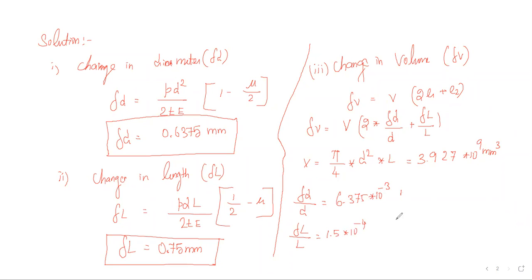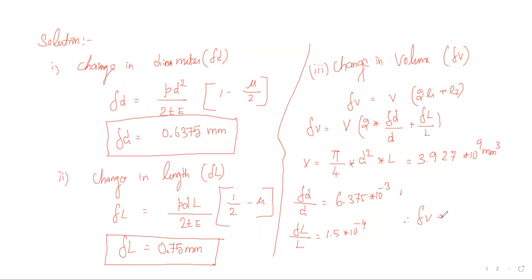No unit. Therefore, change in volume del V is equal to 3.927 into 10 to the power 9 multiplied with 2 times of E1. So E1 value 6.375 into 10 to the power minus 3 plus del L by L, 1.5 into 10 to the power minus 4.